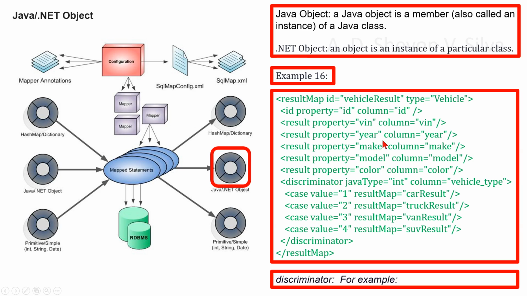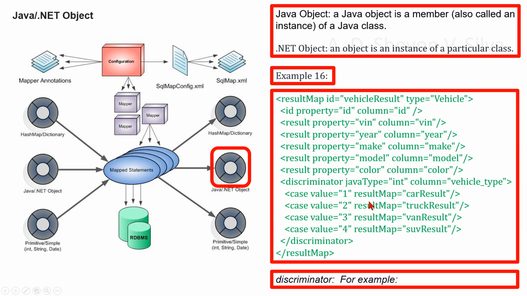In this example, MyBatis would retrieve each record from the result set and compare its vehicle type value. If it matches any of the discriminator cases, then it uses the result map specified by the case.